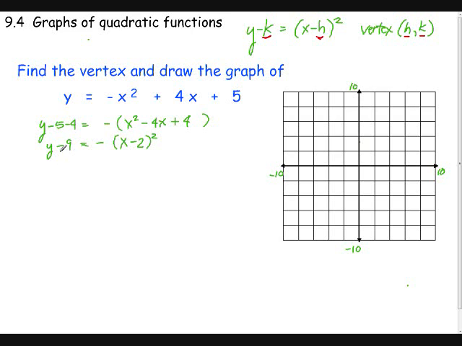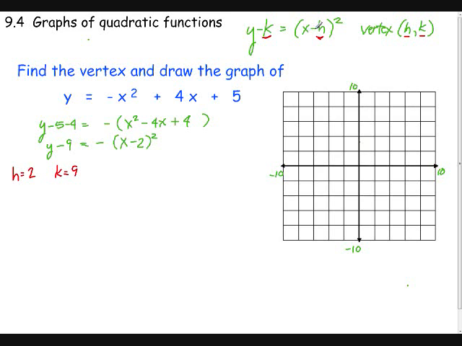So what do we see here? Our k is equal to a positive 9. Notice that it's y minus whatever k is. So y minus a positive 9. And what is my h? My h is a 2.